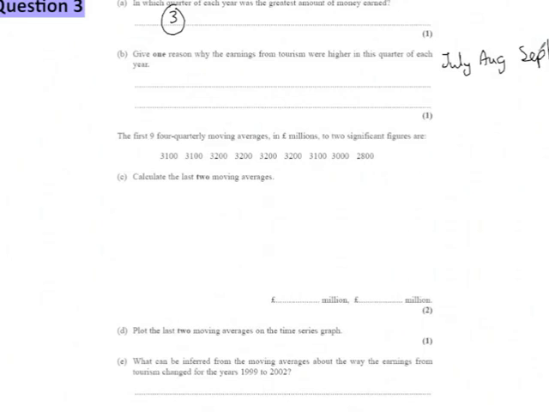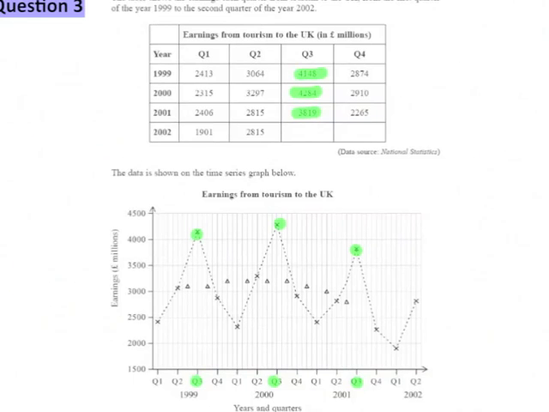We're then told that the first 4 quarterly moving averages in pounds million to 2 significant figures are below. These are listed here. We're then asked to calculate the last 2 moving averages. So looking back at our table, the last two moving averages, we're looking here at these numbers and these numbers for the last one.